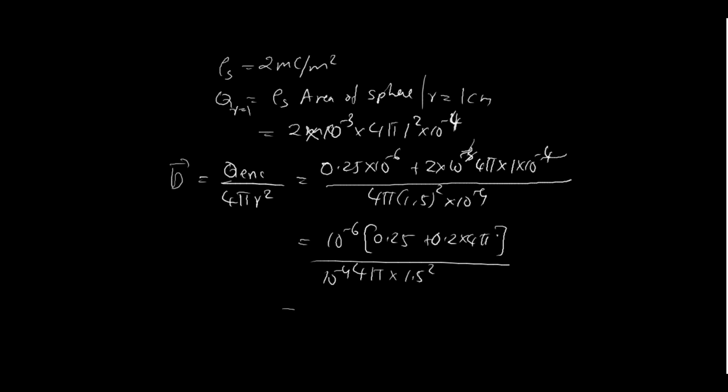If you simplify, you will get the value 0.0777 into 10 raised to, because 10 raised to minus 4 cancels 10 raised to minus 2 times, or 777 microcoulomb per meter square. There is always a direction, aR cap will be there since this is a vector, so that much aR cap.